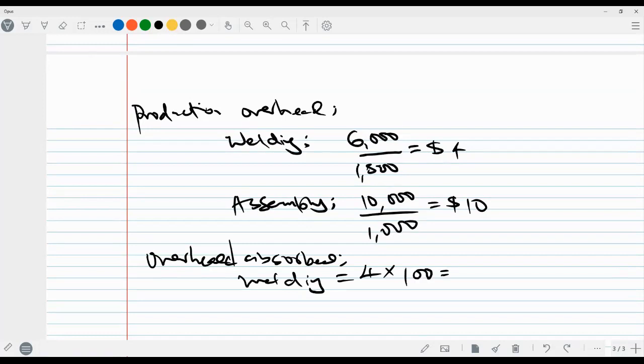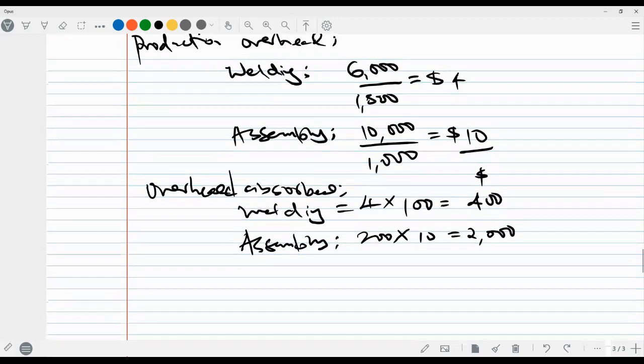If we multiply by 100, you get $400. For assembly, the amount of hours spent is 200 hours, and the rate of absorption is 10, so the overhead absorbed into the commodity equals 2,000. Therefore, total overhead absorbed is equal to 2,400. Clear?